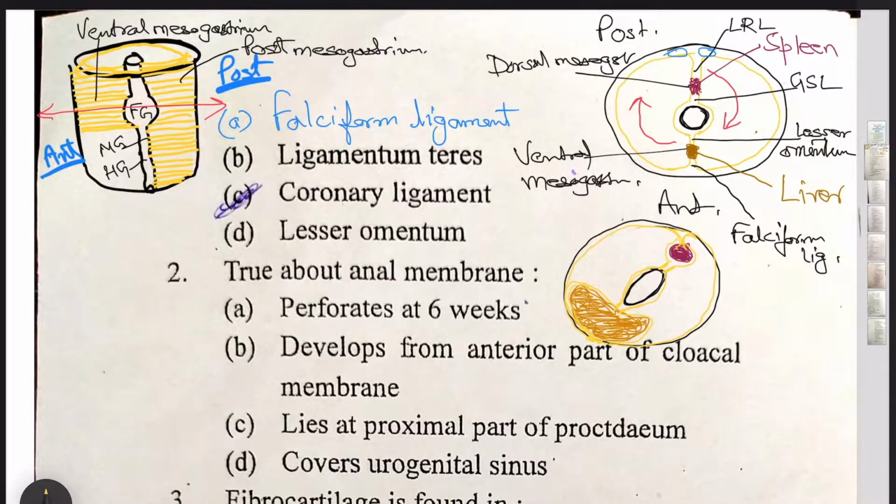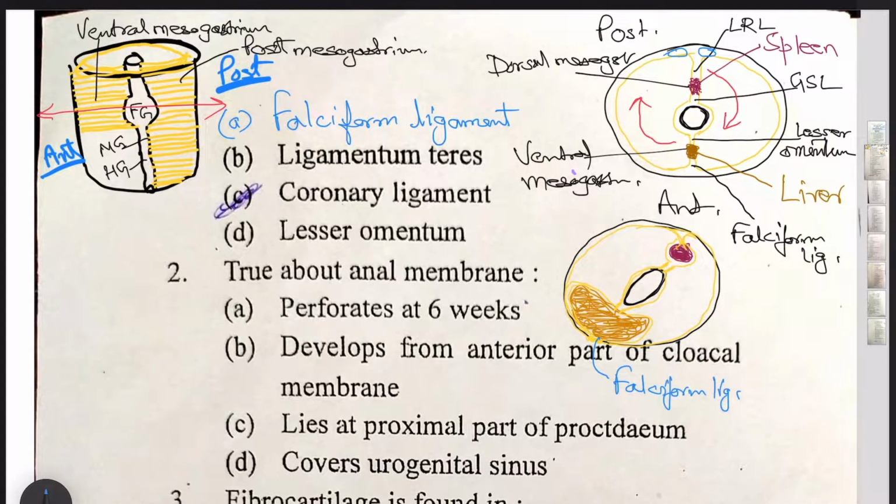Now this portion of the ventral mesogastrium, which binds this liver to the anterior parietal peritoneum and to the undersurface of the diaphragm, that is the diaphragmatic peritoneum, there it forms these ligaments. So one of the ligaments I had just told you, this will form the falciform ligament.